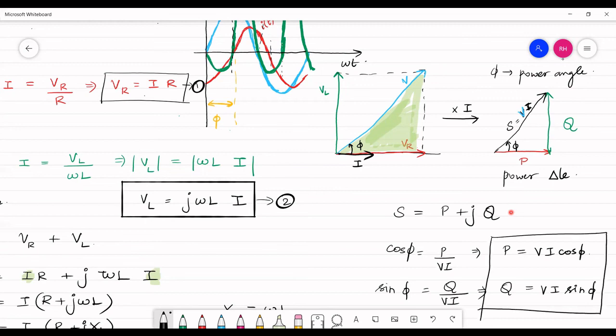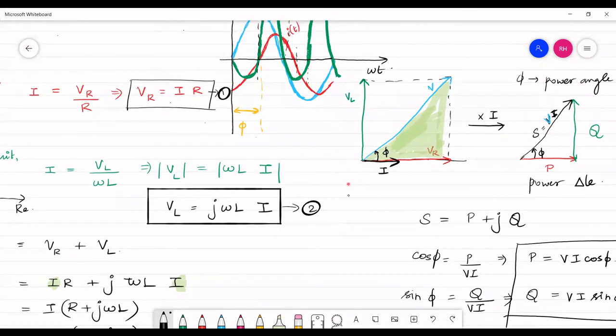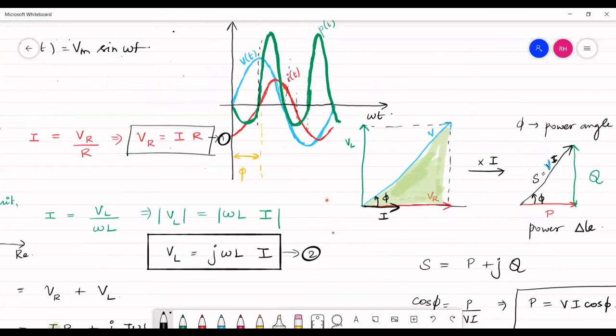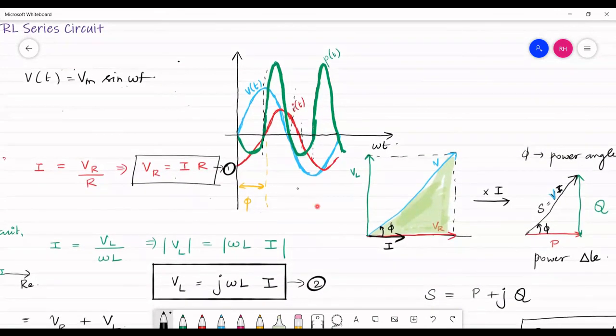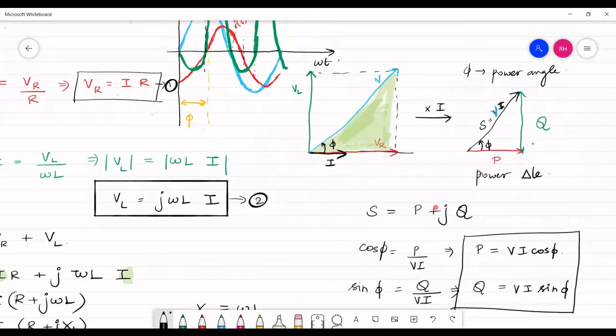Let me summarize. For an inductive circuit, current lags voltage by an angle φ, and this inductive circuit is said to absorb a reactive power Q, which is VI sin φ.